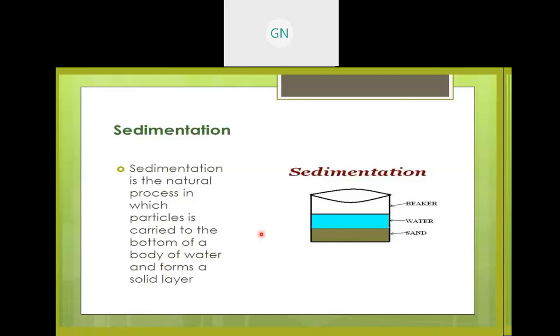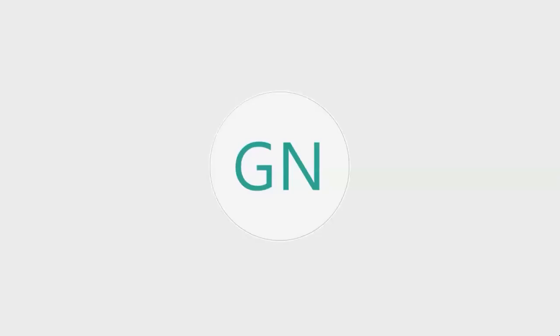For example, with sand in water in a container, the sand particles will settle at the bottom and the clear water will be at the top. The process of settling down of heavier insoluble particles from a mixture is called sedimentation.